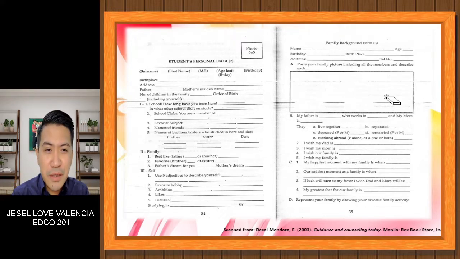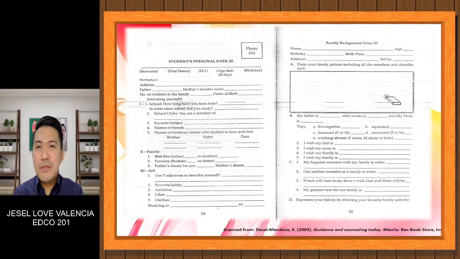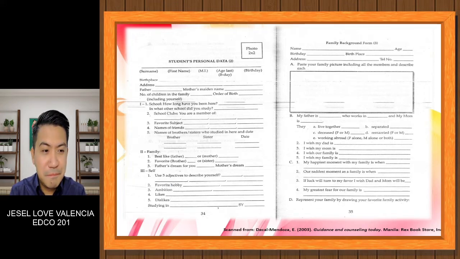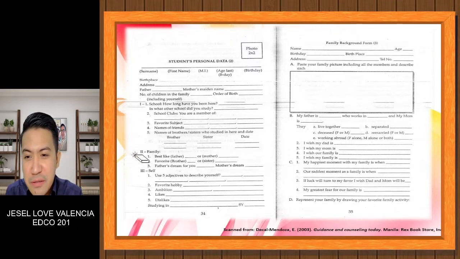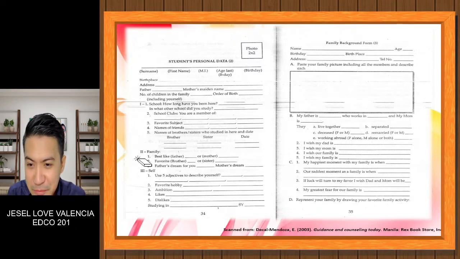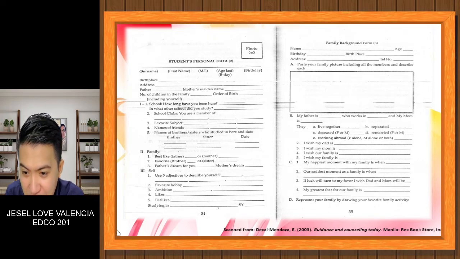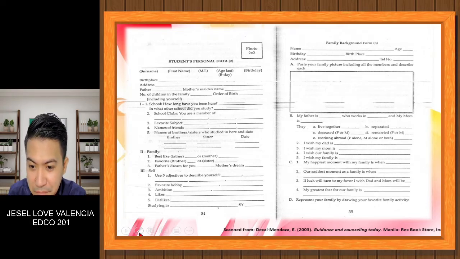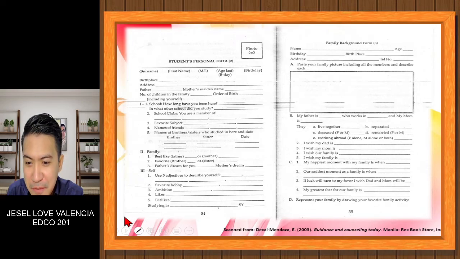This is very important kasi medyo heavy ito. So it started with, look at this. The heavy portion of this inventory starts from here in the family section. So it starts in the family section.